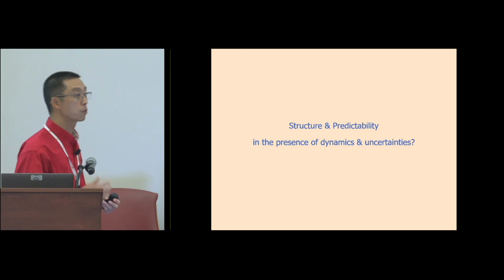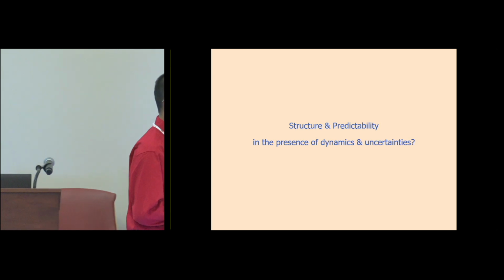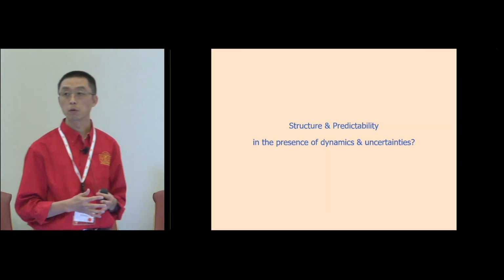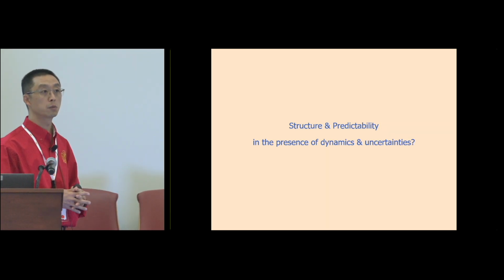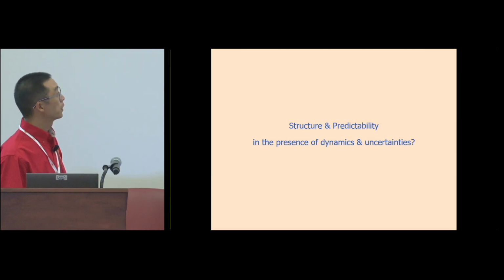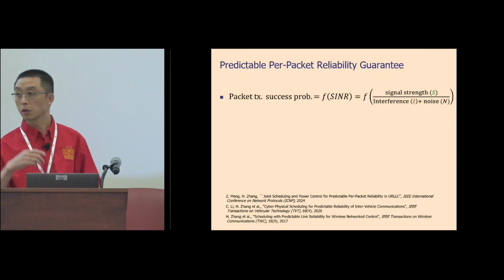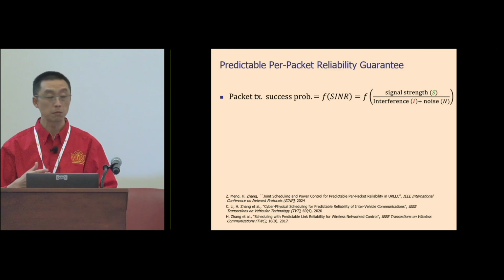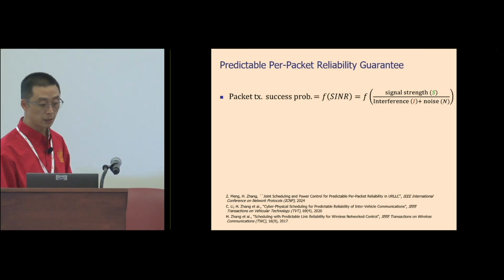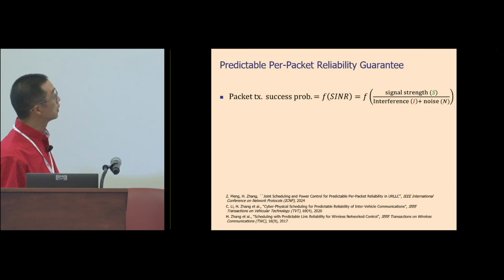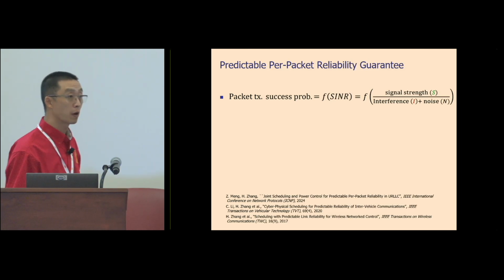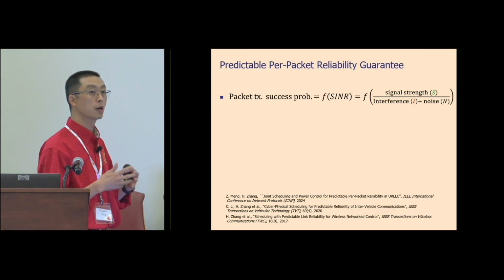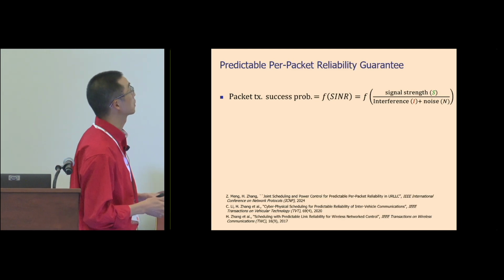That has been a question that our research group, and also more broadly the real-time systems community, have been looking at. The specific question we hope to share some results on today is how we can even potentially enable per-packet reliability guarantees in such highly dynamic, uncertain networks.